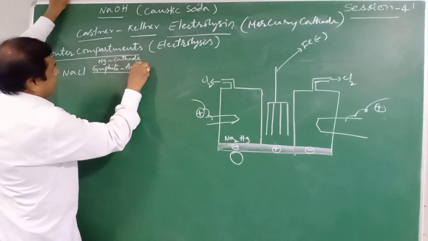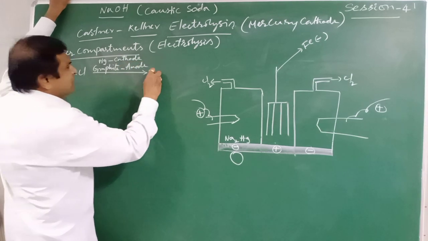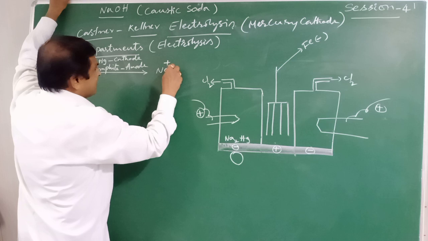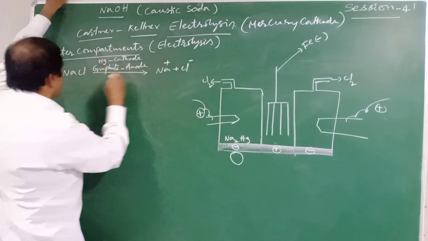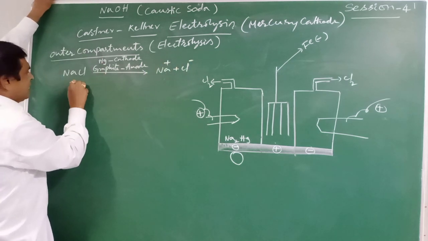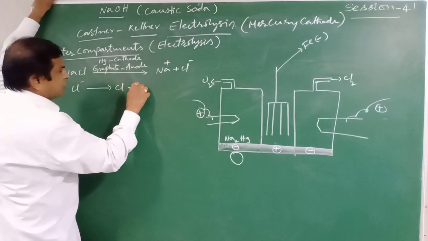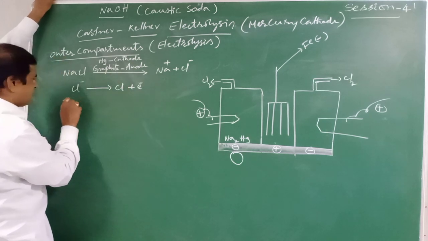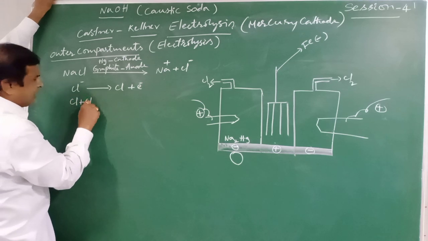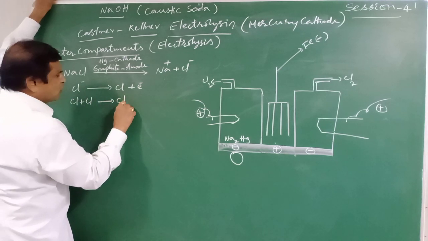It first ionizes into Na+ and Cl- ions. Now Cl- loses its charge, undergoing oxidation, and liberates as chlorine gas.